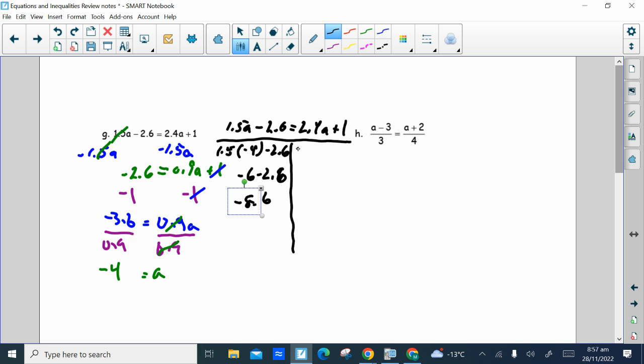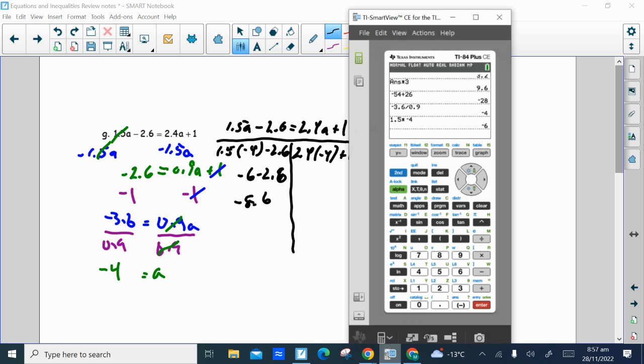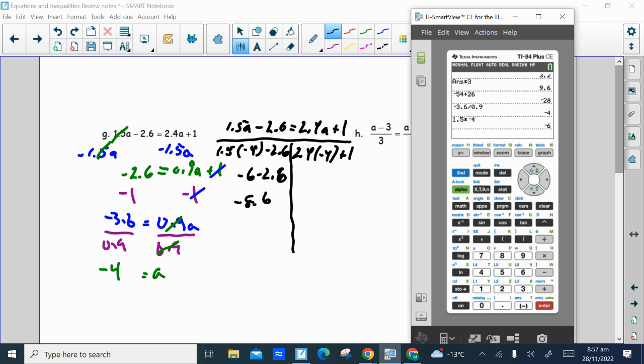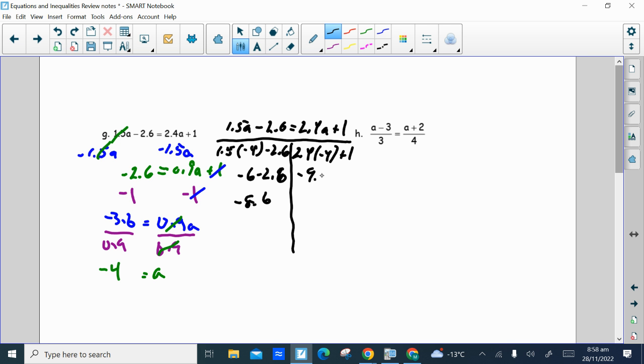And on the right, we let a equal negative 4. 2.4 times negative 4 is negative 9.6. Plus 1 is negative 8.6. So it checks. It checks.